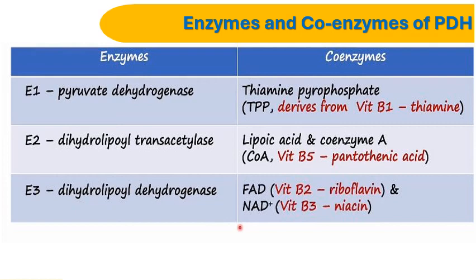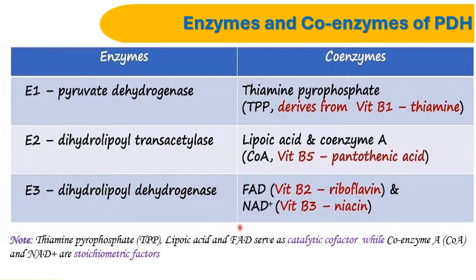And then the third one, E3, is dihydrolipoyl dehydrogenase. And the coenzymes there are NAD and FAD. FAD is gotten from vitamin B2, the riboflavin, and NAD plus is gotten from vitamin B3, which is niacin.